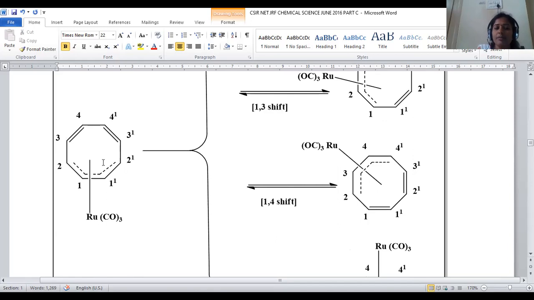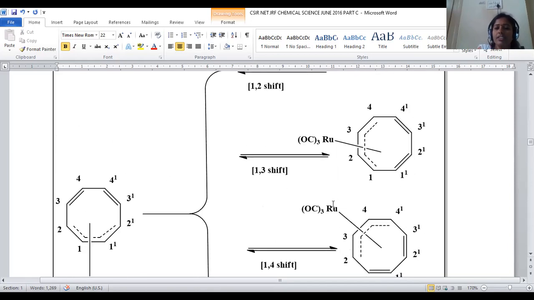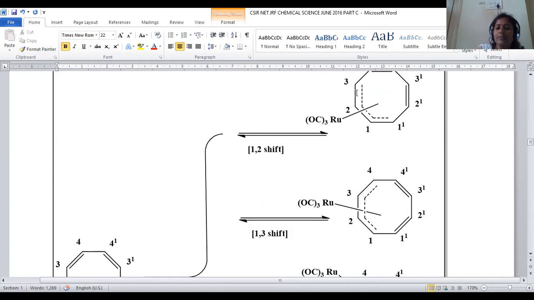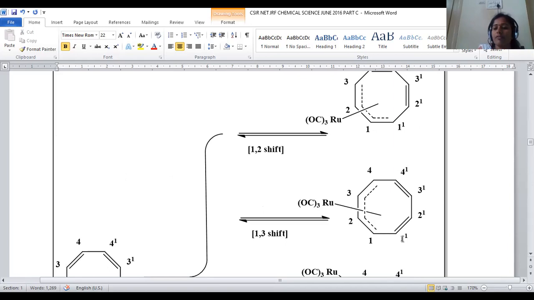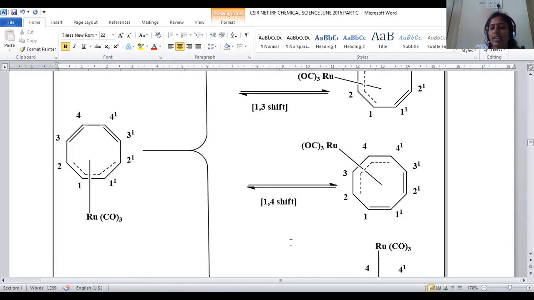If we go with a 1-3 shift within the molecule, it is slightly migrated and extended towards the next center, so you can observe bonds between 1 prime, 2 prime and 3 prime, 4 prime pi bonds which are not participating, and between 1, 2, 3, 4 these bonds are participating in bonding with ruthenium. This is known as 1-3.